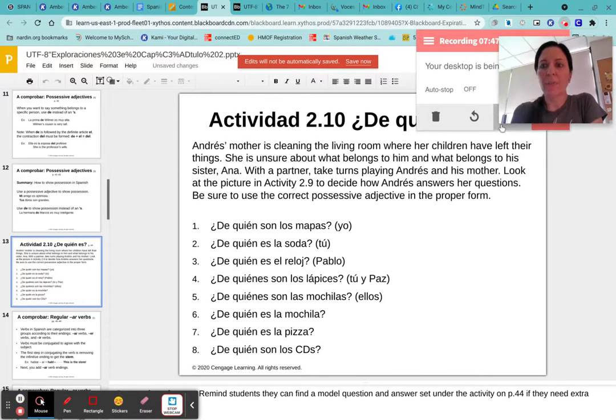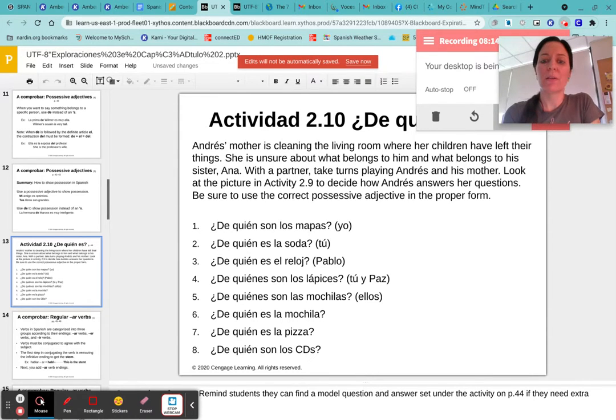So let's just do a couple examples here. For numero uno here, it says, ¿de quién son los mapas? And here we want to say, they are my maps. They are, that word is in the question. So in that one, it would be son mis mapas. Because my is mi or mis, and mapas is plural, it would be mis mapas. What about numero dos? ¿De quién es la soda?